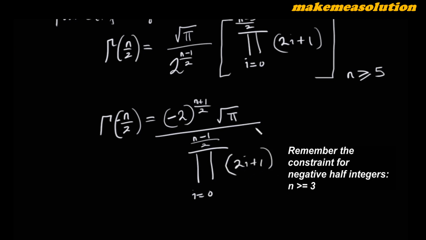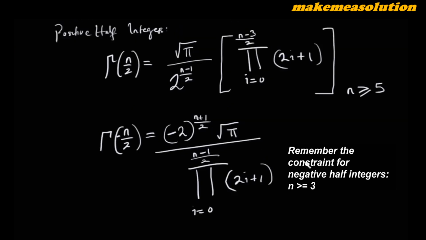So this is the difference between the gamma functions. These are the two formulas that you will use for gamma functions of positive half integers and negative half integers.